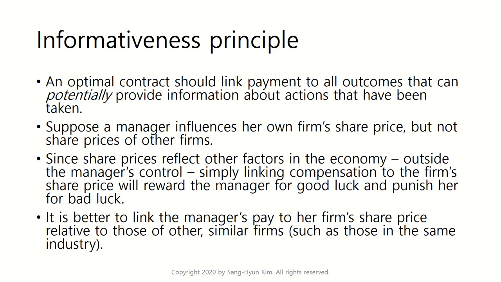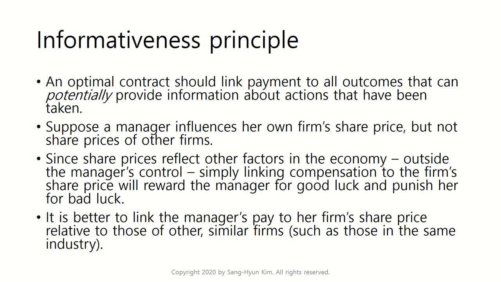Okay, so to understand this informativeness principle, we have to first understand the basic principal-agent model and the tension between insurance and incentive, and then we add more information in the contract. That's how we optimize the contract.